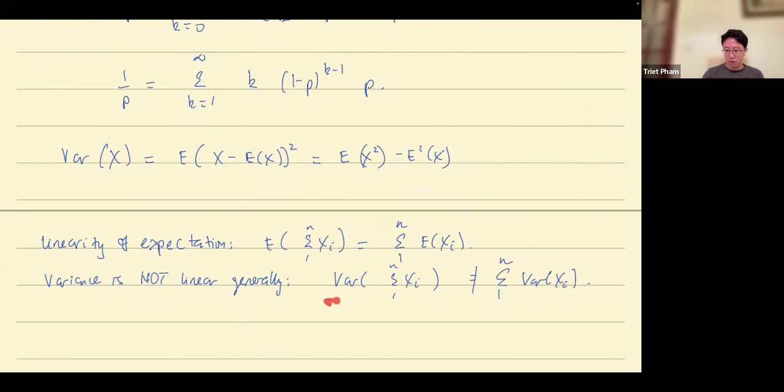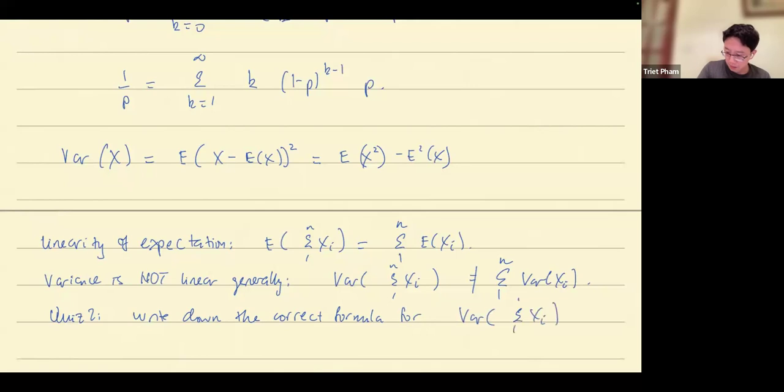So let's see if we know the true formula here. Write down the correct formula for the variance of a sum of random variables.